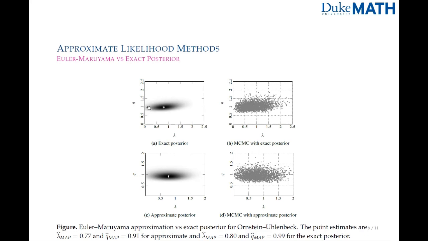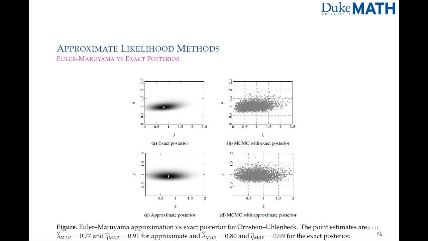In the exact posterior distribution, there is a slight trend of Q increasing with lambda, but that is not visible in the approximate case. There are subtle differences, but they are almost similar.